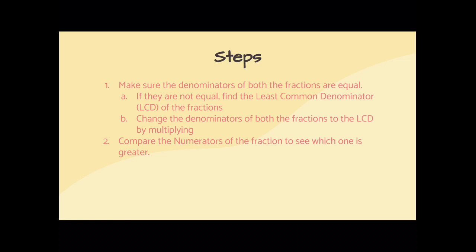This is basically a number that is a multiple of both the denominators, and we want to find the least such number. Once we have found this LCD, we change the denominators of both fractions to that number by multiplying the top and the bottom by a specific number. And then once they're equal, we can compare the numerators of the fractions to see which one is greater.